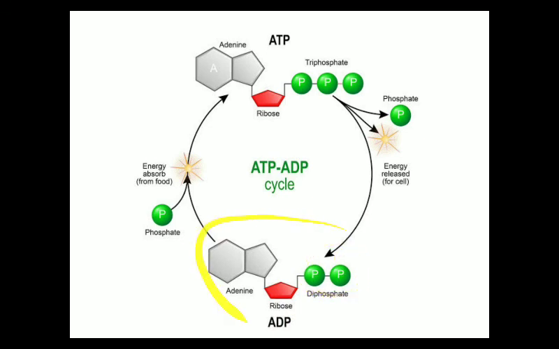Then one more phosphate molecule combines, and this ADP is converted into ATP, adenosine triphosphate. Here 3 phosphate molecules are present, and if energy is required, this terminal phosphate will be broken off, and energy will be released.